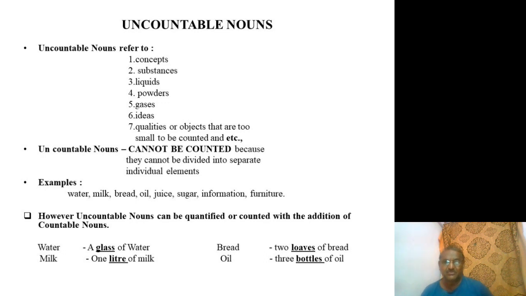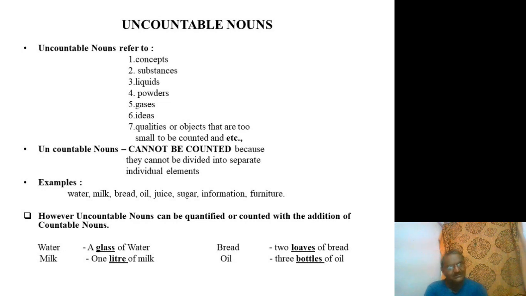Uncountable nouns cannot be counted because they cannot be divided into separate individual elements. What you may question me, sir? Why don't we divide these uncountable nouns? They cannot be counted because they cannot be divided into separate individual elements.